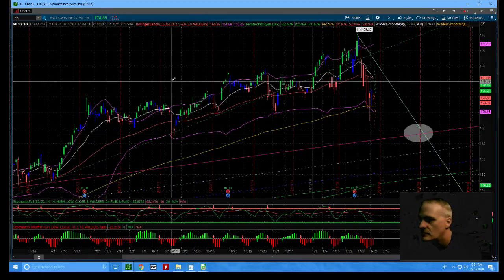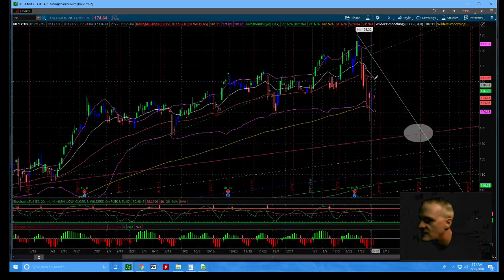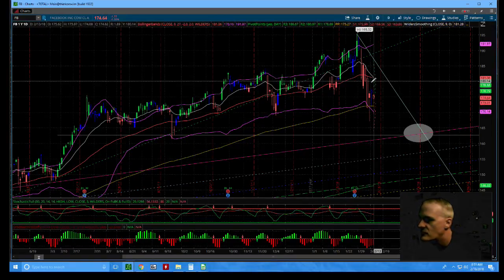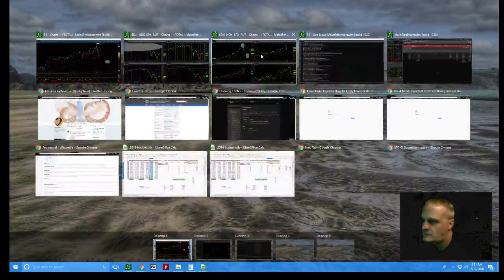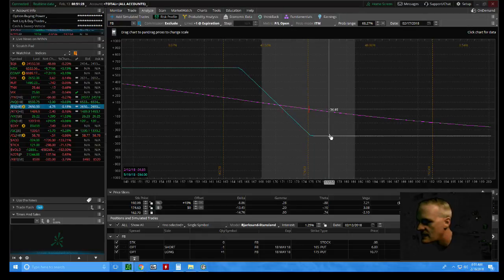Or if I go a little bit more aggressive, I'll give it to 180, because that coincides with these two moving averages. So if it turns against me and it does trade up to 180, that would be right here.